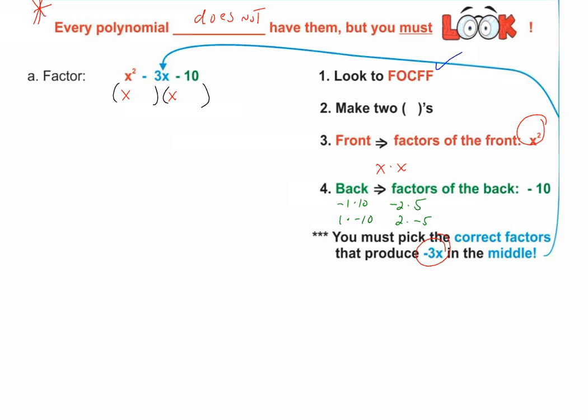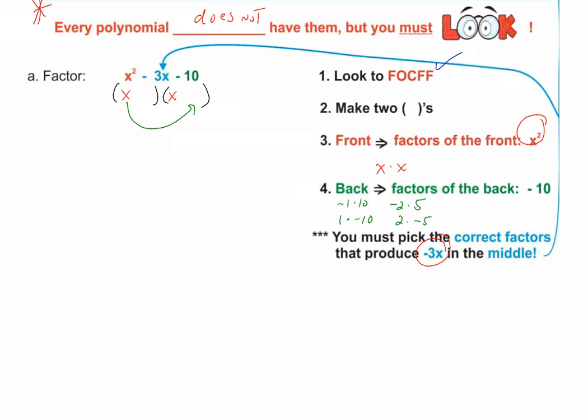So, I need you to put your pens down for a minute because I need you to watch. I need to try to show you what I'm thinking. Okay? So I know I got a negative 10. I know I got 1 and 10, or negative 1 and 10, and 1 and negative 10, and negative 2 and 5, and 2 and negative 5. I know those are my possibilities. This is the way my brain works. I always first look at the outers.